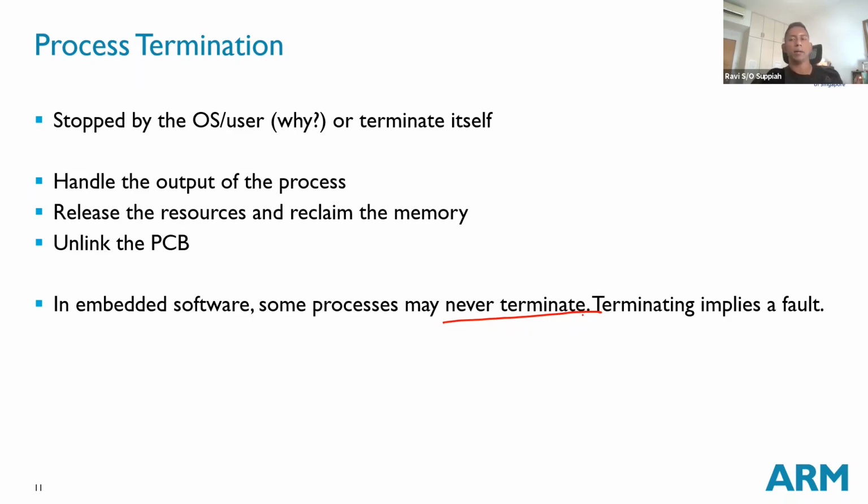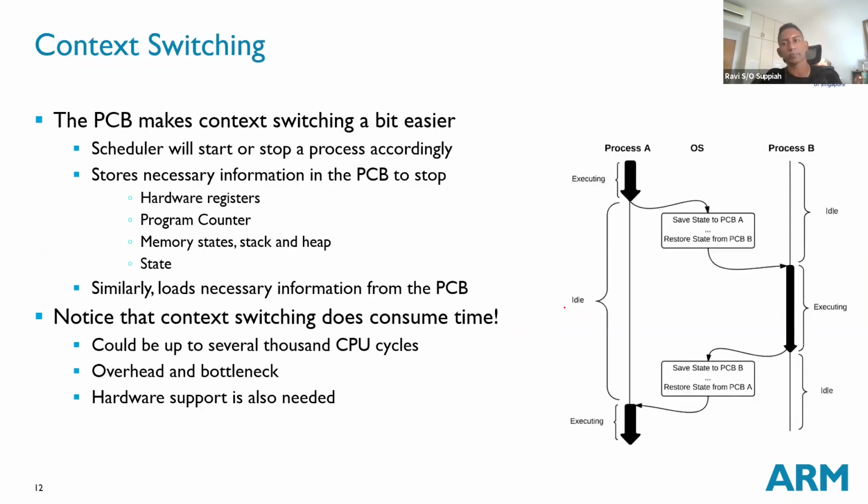Usually when a process gets terminated, sometimes it could be that something went wrong. So in our embedded system context, we generally do not terminate any task. We create it and we keep it running in an infinite loop. We will look at that later in the lab demo.